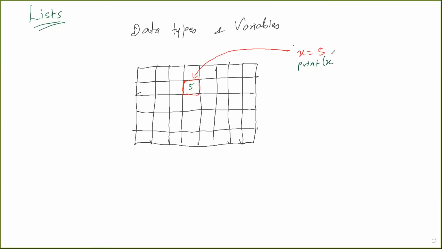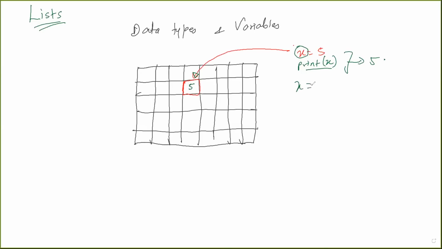In our program, if we print x, this word refers to this memory location, and when we say print x, it refers to whatever is put inside it. So we print 5.